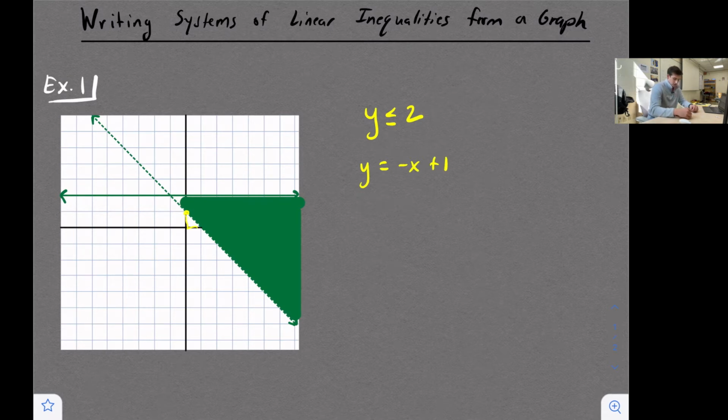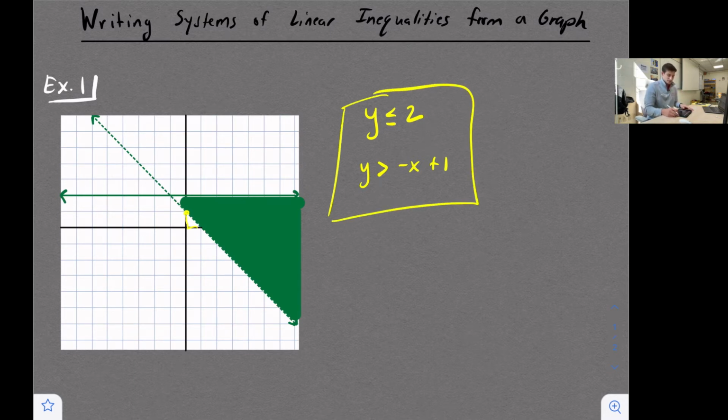Now we need to figure out our inequality symbol. Since it's a dashed line, it's going to be just less than or greater than. Our shading now is above, kind of to the right, so that's going to be greater than. If it was to the left of the line or below the line, then it would be a less than symbol. So these are our two inequalities that represent our system.